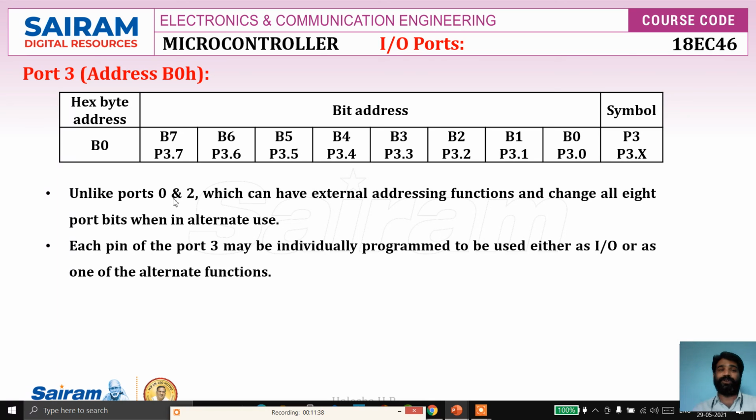In port 0, the alternate function is address plus data, so all 8 pins are to be programmed either as input or output. Similarly, port 2's alternate function is high order address, so all 8 pins are programmed as input or output. But it's not like that in port 3, because individual pins have other functions, so individually each can be programmed as either input or an alternate function.